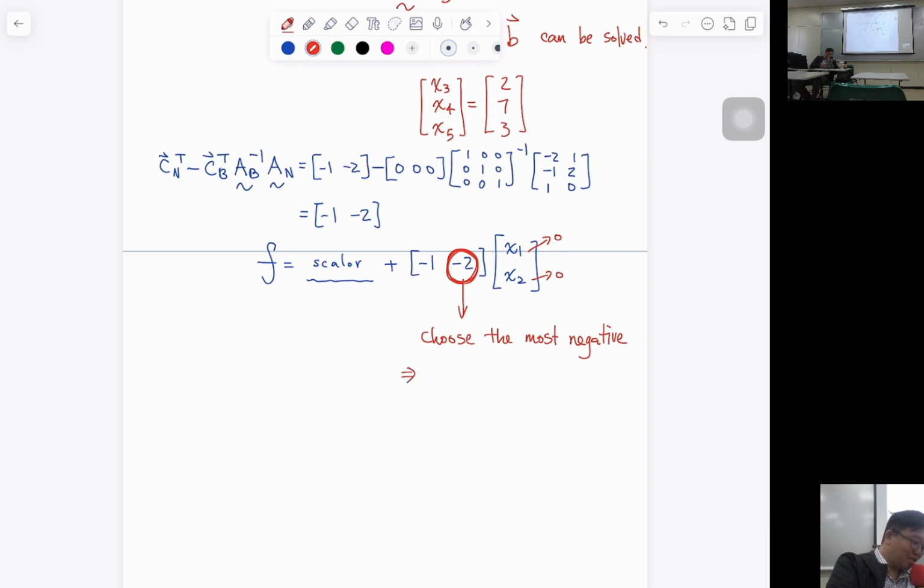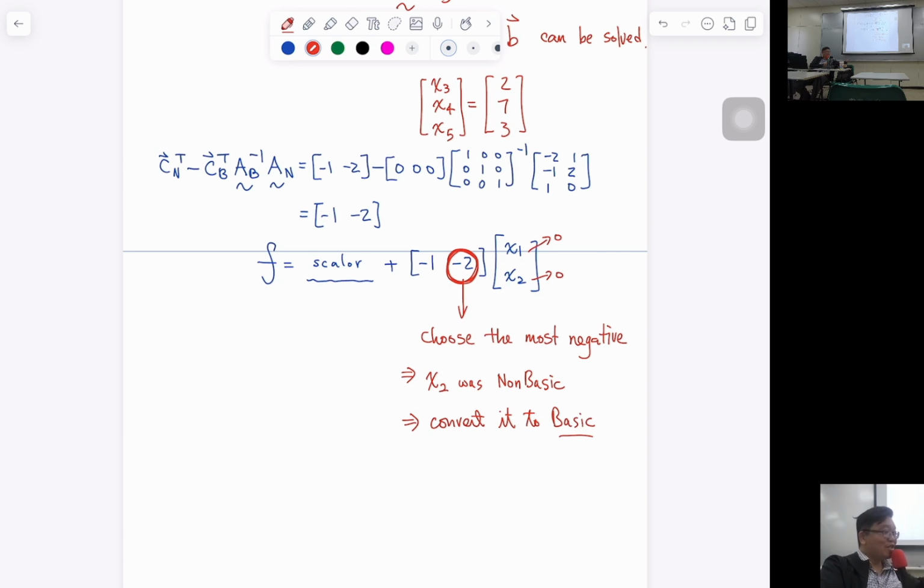This means x2 was non-basic. We want to convert it to basic. So what does it mean then?